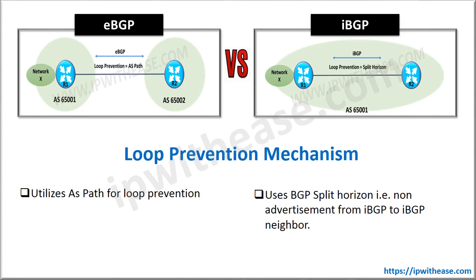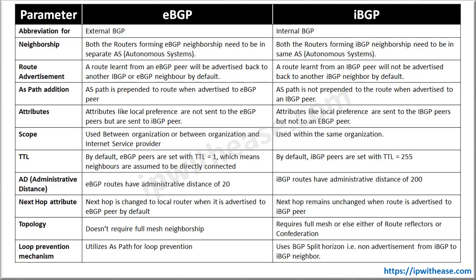Henceforth, we can concur that eBGP utilizes AS path for loop prevention and IBGP uses split horizon, that is non-advertisement from an IBGP neighbor to an IBGP neighbor. This table is a summary of differences between the eBGP and IBGP protocols based upon various parameters.